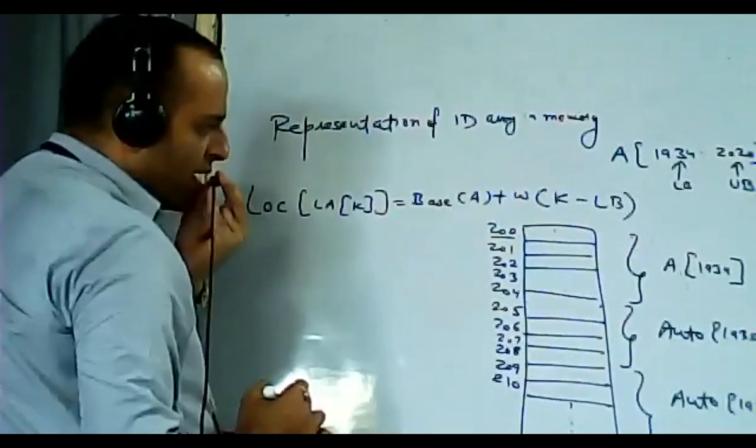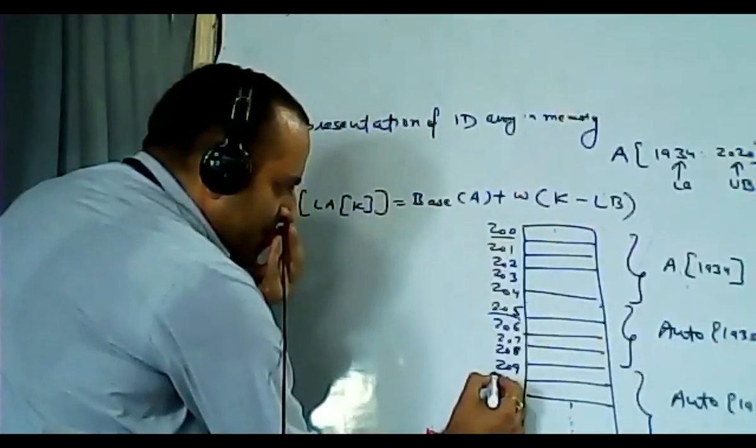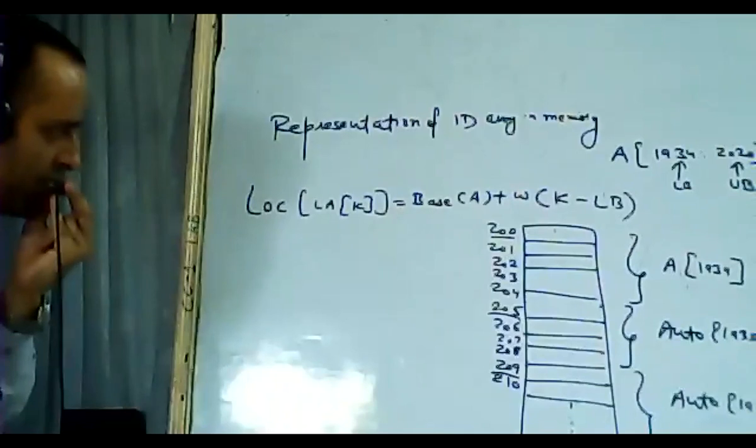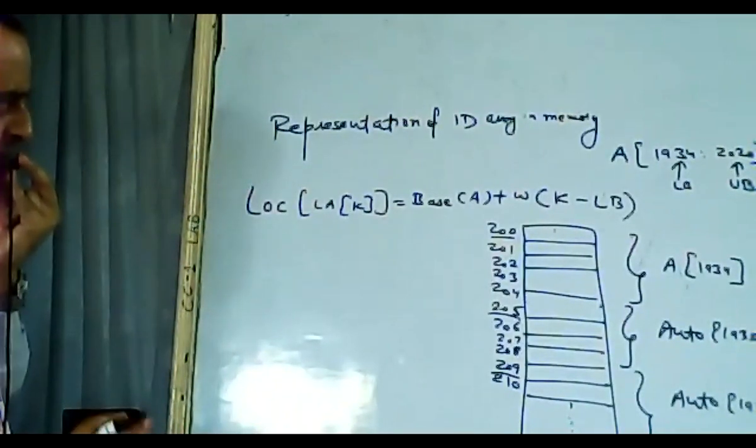Please say. 200, yes? Yes, sir. What is the address of A of 1935? 205. What is the first address of A of 1936? 208, 209, yes? 209. Yes or no? Yes, sir. Should I repeat it? Yes.